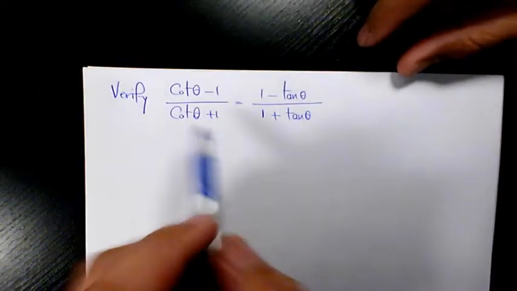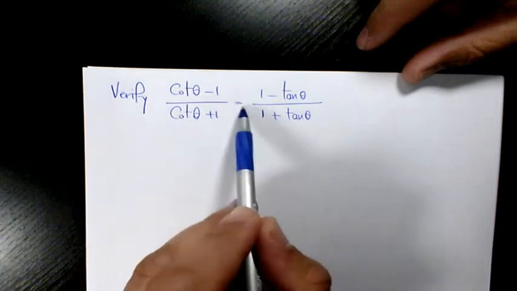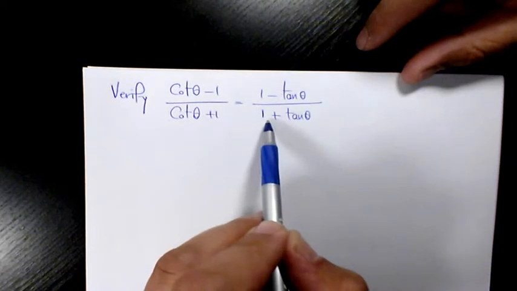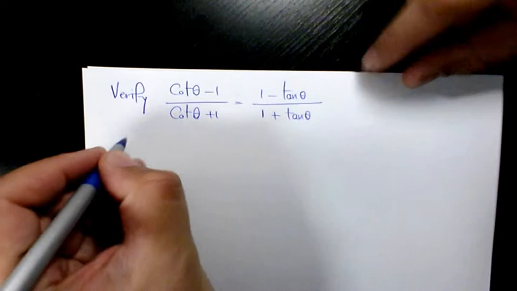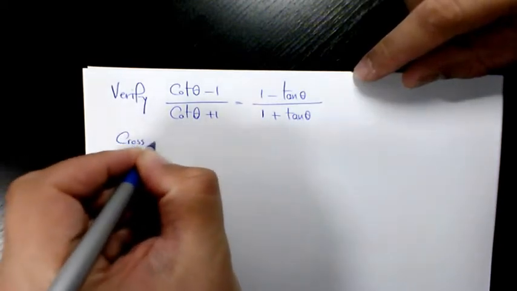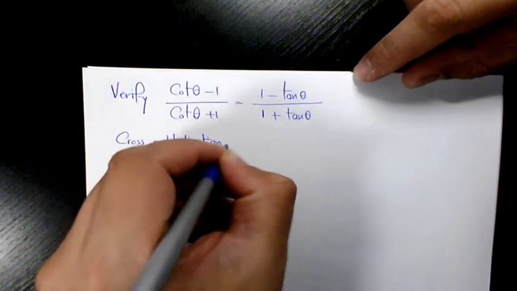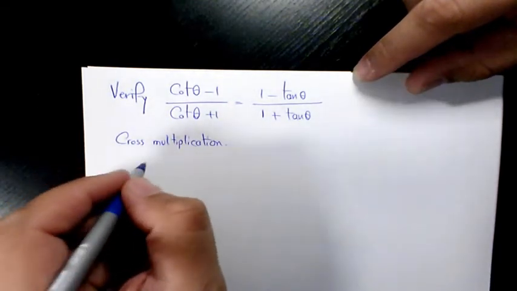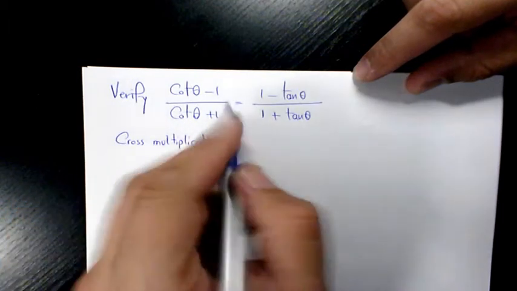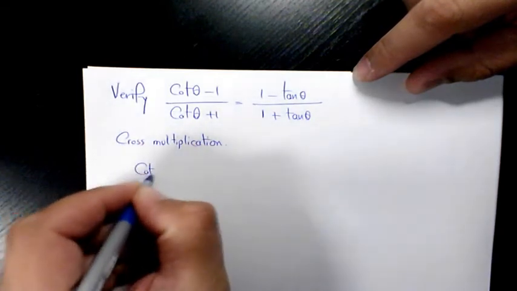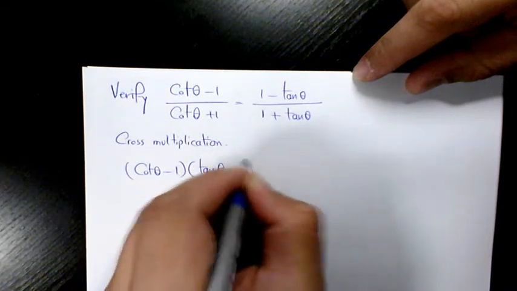So next example is cotan theta minus 1 over cotan theta plus 1 equals to 1 minus tan theta over 1 plus tan theta. So what we need to do, we need to do cross multiplication. So we have cotan theta minus 1 times tan theta plus 1.